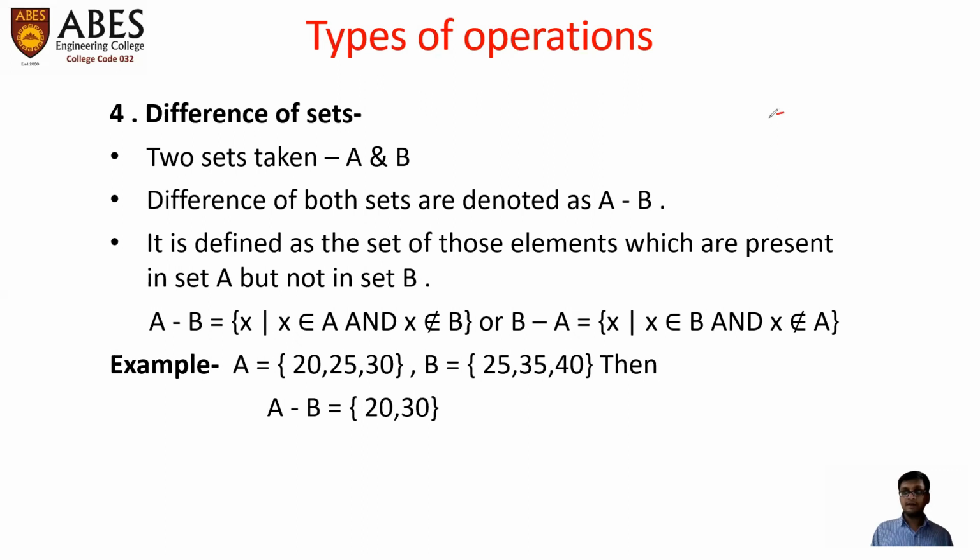Now we see the Venn diagram representation of set difference: set A, set B. Here it's saying that for the elements that belong to set A, consider those areas which belong to set A. So this is the area of set A, this is the area of B, and this is the common area.